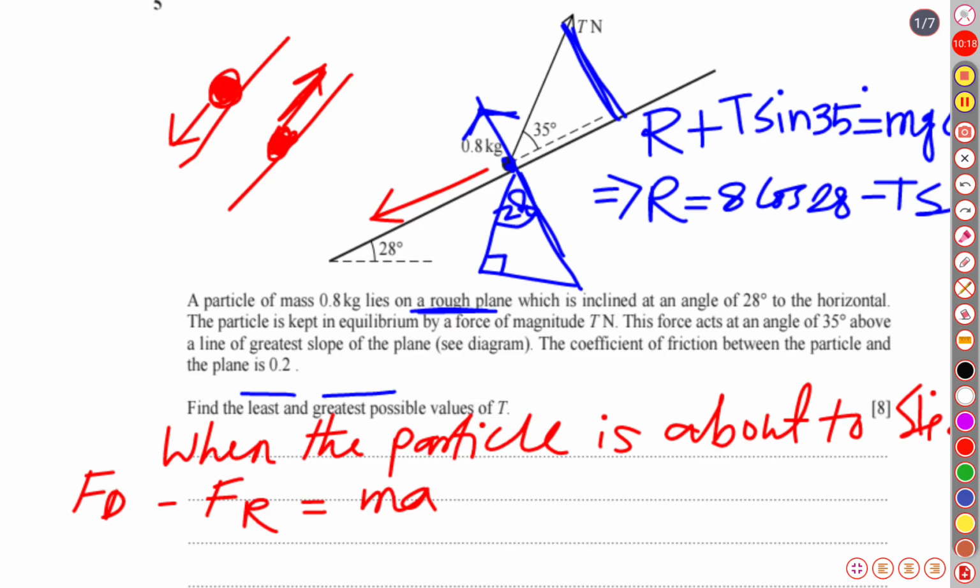So, what is the weight? Weight is mg. Let me show the figure more accurately. If I erase this, then you can understand it better.